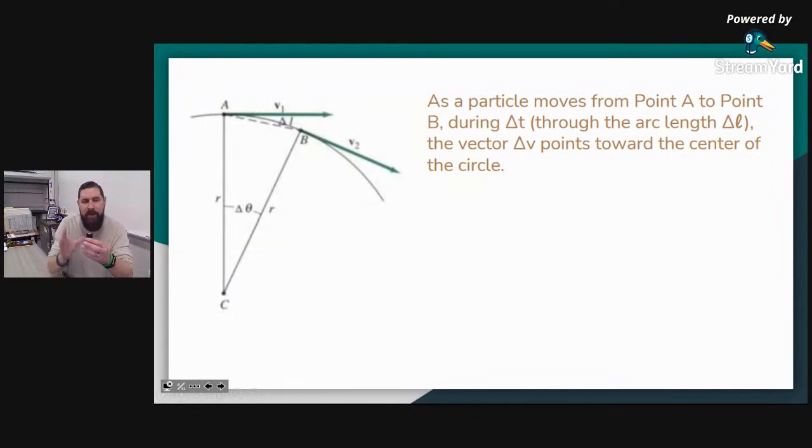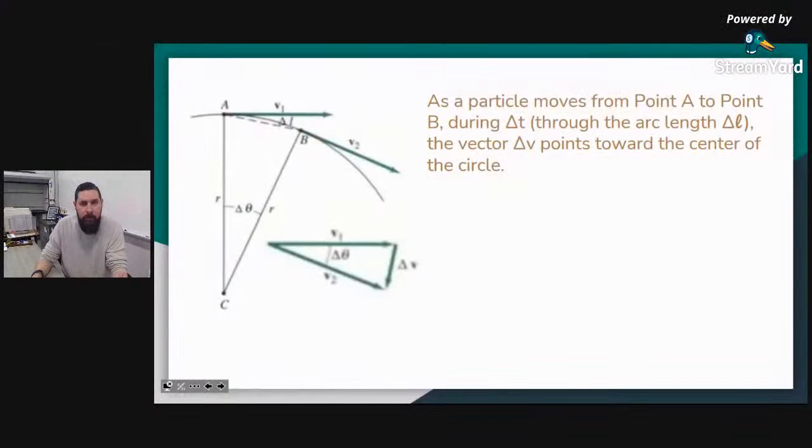What we can do is take these two velocity vectors, the velocity at A and the velocity at B, and construct a vector diagram with velocity A and velocity B. If we take their vector sum, this would be the change in velocity.